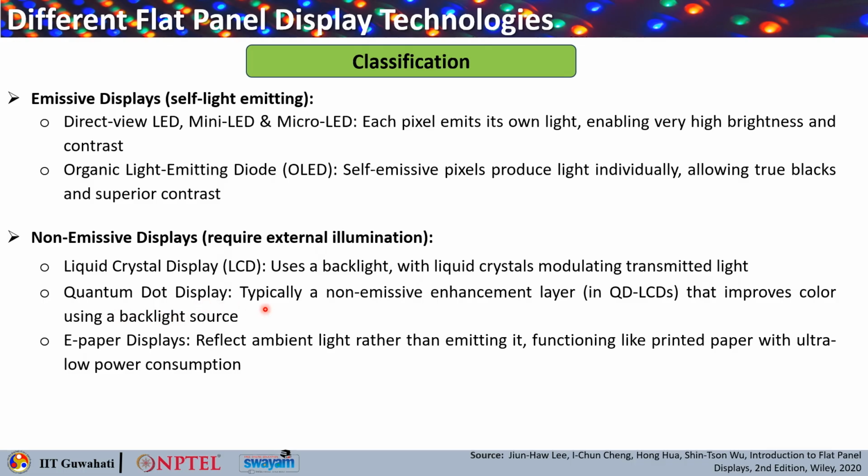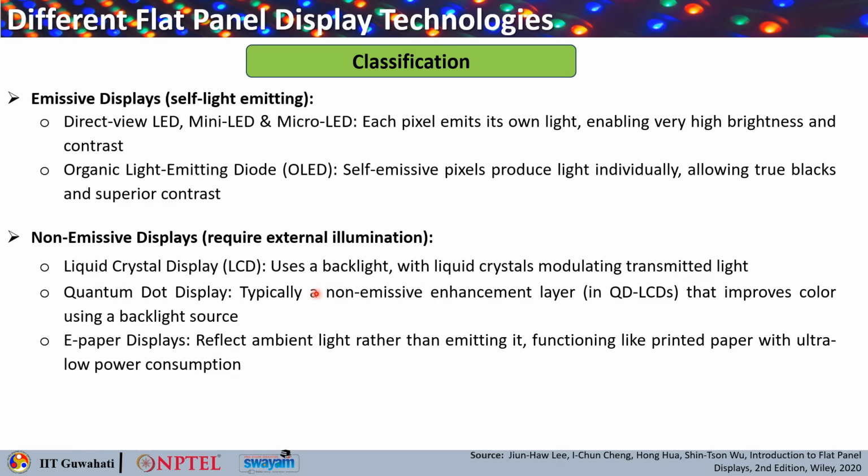Then you have quantum dot display. It is also non-emissive because there also you require a backlight source. Typically a non-emissive enhancement layer in quantum dot LCDs is used that improves color by using a backlight source. So, how does quantum dot technology work? Let me just briefly explain.